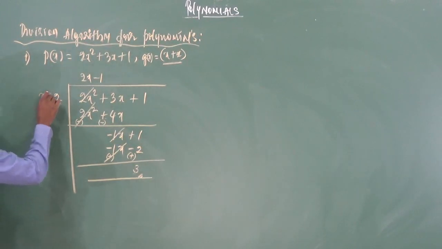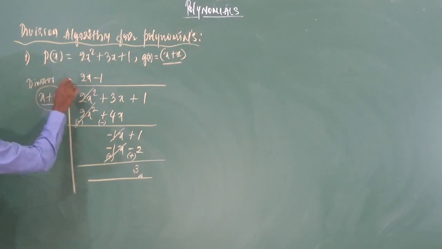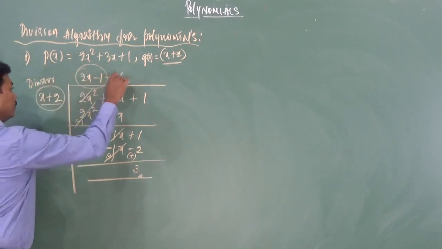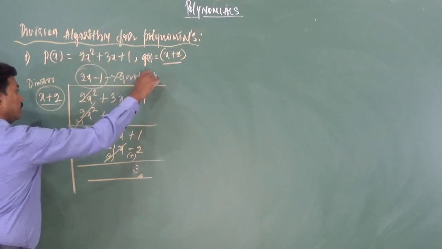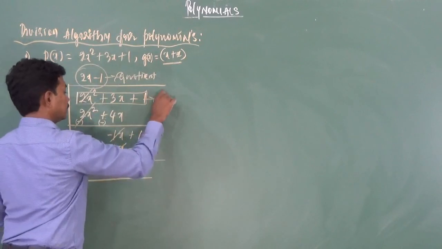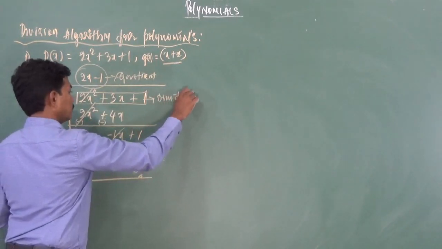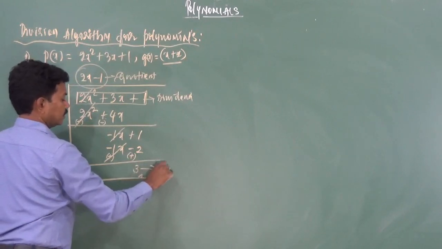Here this is the divisor. This is the quotient we have got. This, which is getting divided, is called the dividend, and what is left out is the remainder.